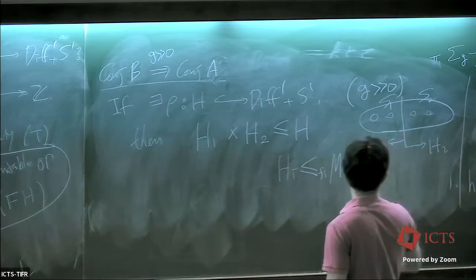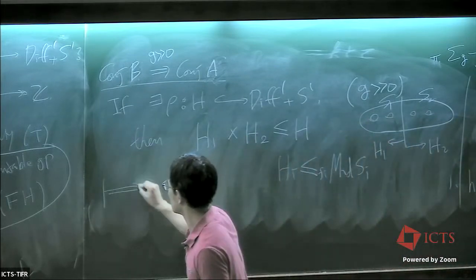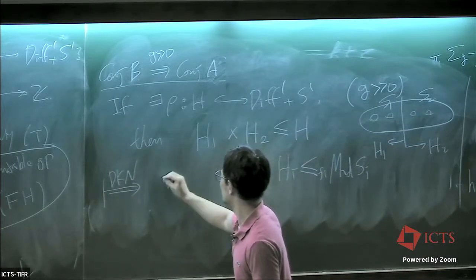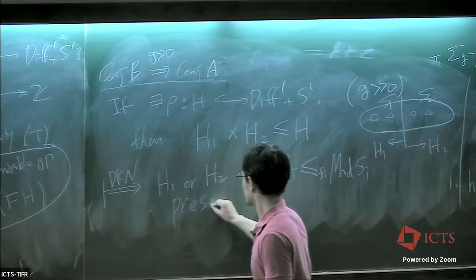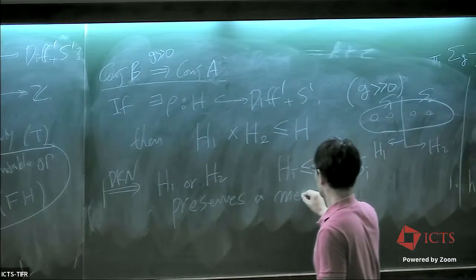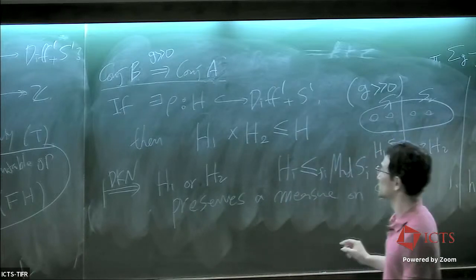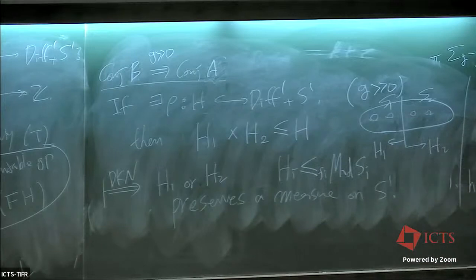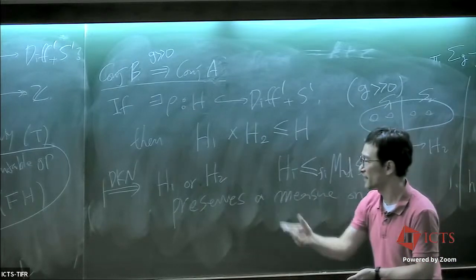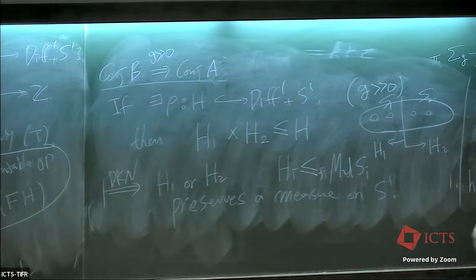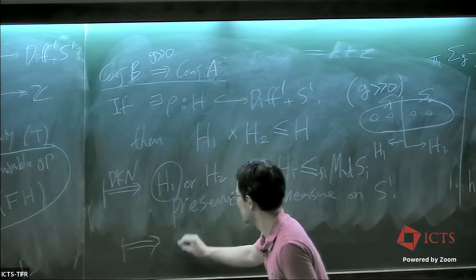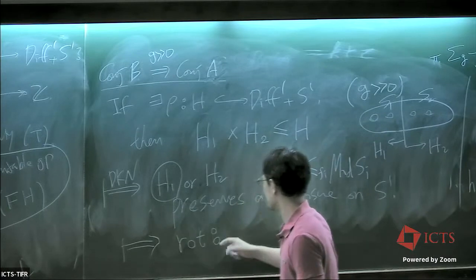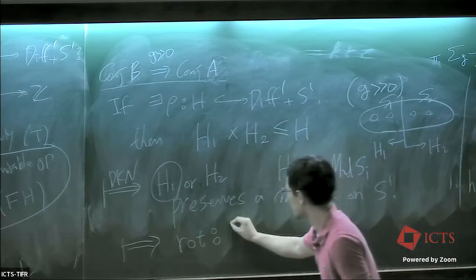Then it's an easy consequence of the theorem of Deroin-Kleptsyn-Navas that H_1 or H_2 preserves a measure. Because everything is finitely generated, you can apply their theorem. So either it preserves a hyperbolic fixed point, but if H_1 has some hyperbolic fixed point, H_2 must preserve a measure, actually an atomic measure. And in this case, you can show that, say for H_1, for instance, the rotation number becomes a homomorphism because it preserves a measure. So rotation number is simply a homomorphism.